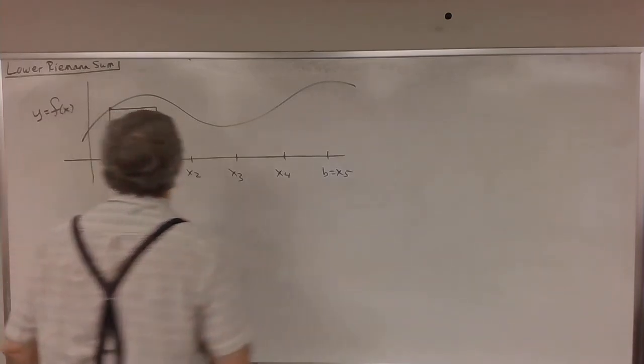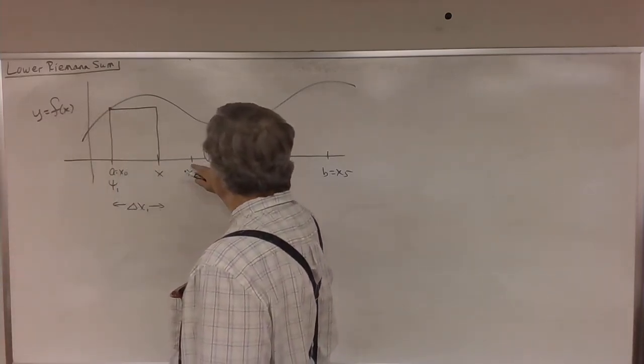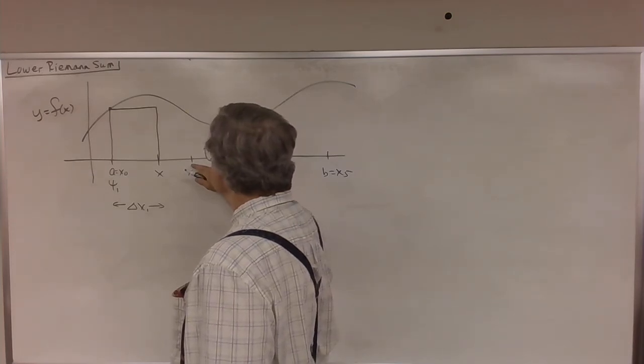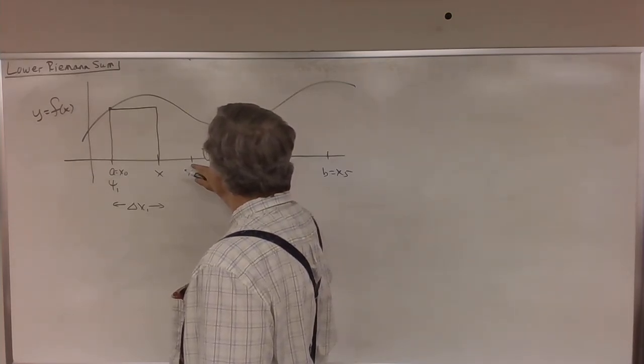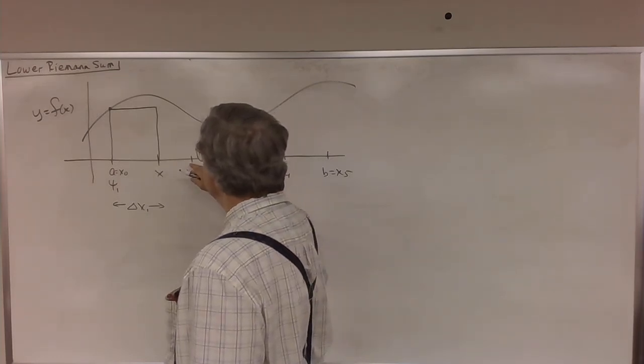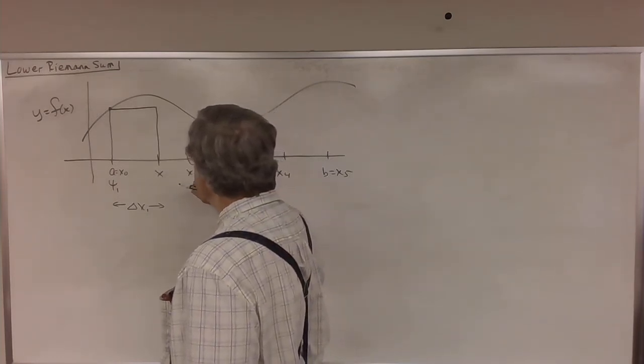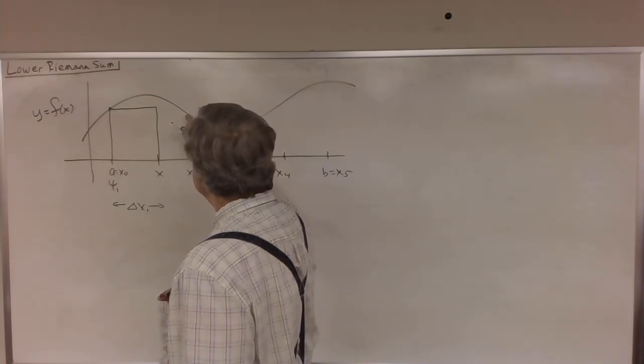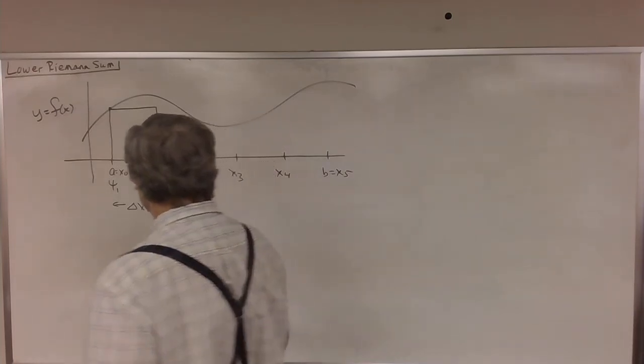Now the second subinterval, I'm going to let psi sub 2 be the smallest value of f of x in this subinterval. And it looks like f of x attains its smallest value right there at this endpoint.